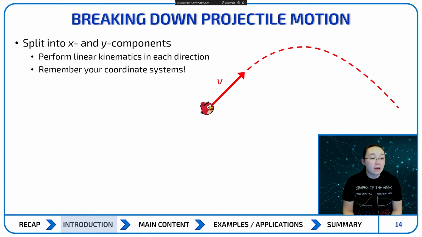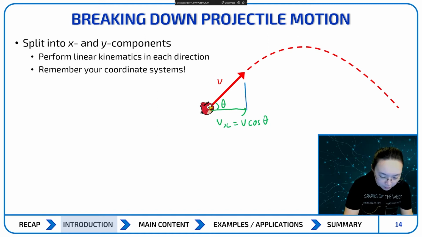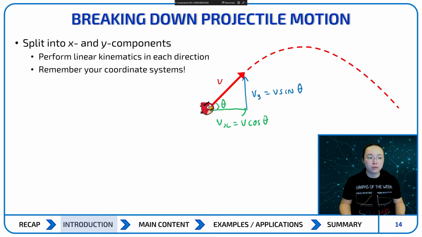The first slide I have is breaking down projectile motion like we just did. Just to repeat, I have Vx equals V cos theta, where this is theta, and Vy equals V sine theta. So I have both of those.